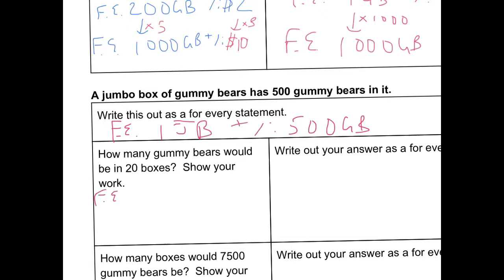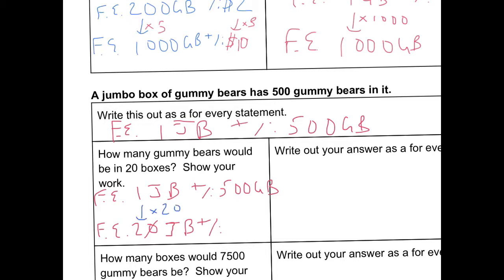So for every 1 jumbo box, there is 500 GBs. And we want to know not just 1 jumbo box, but 20 jumbo boxes. So again, to go from 1 to 20, we'd have to multiply by 20. So we'd multiply this one by 20, and that would come out to be 10,000 gummy bears.